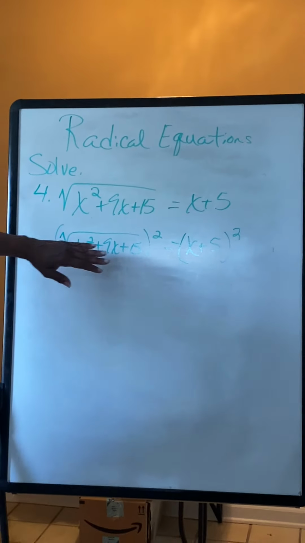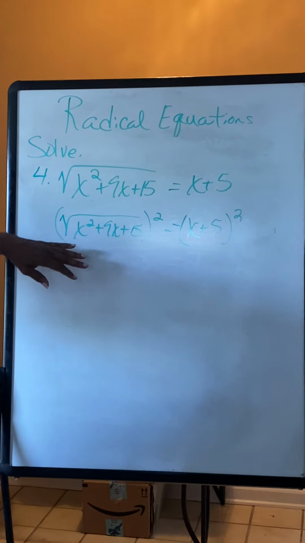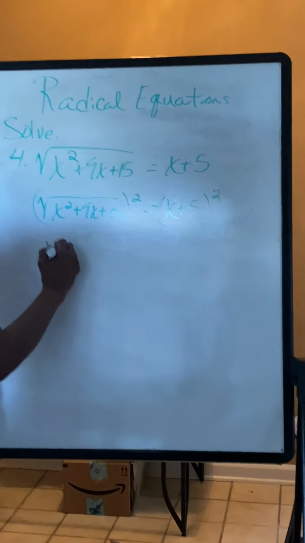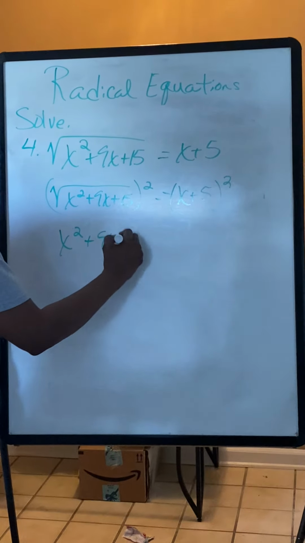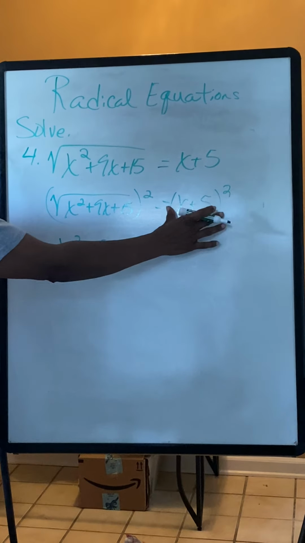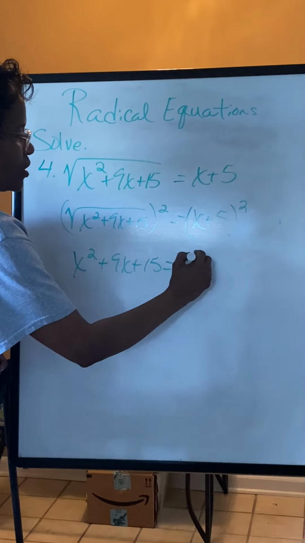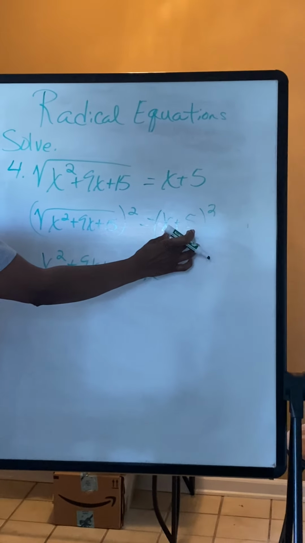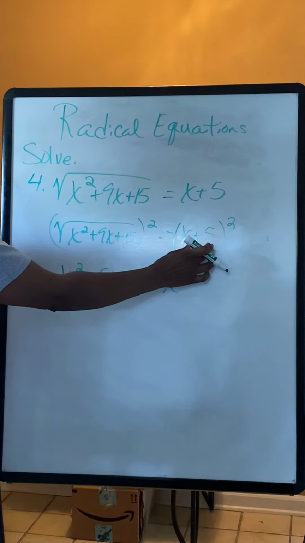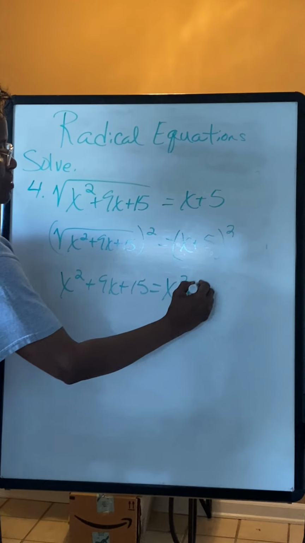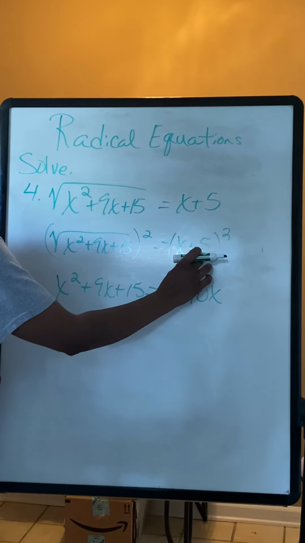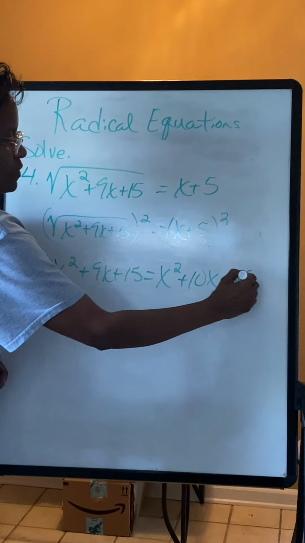As I square this side, I will get the radicand, and the radicand is that trinomial, x squared plus 9x plus 15. When I square the binomial, square the first term, I get x squared, plus twice the product of these two terms. 5 times x is 5x, times 2 gives me 10x, and 5 squared gives me 25.